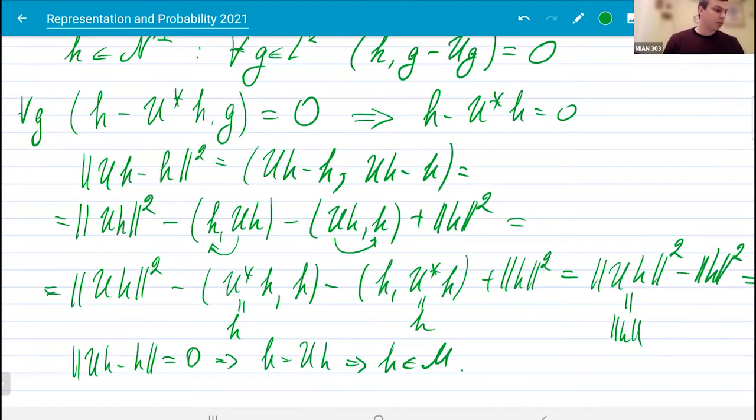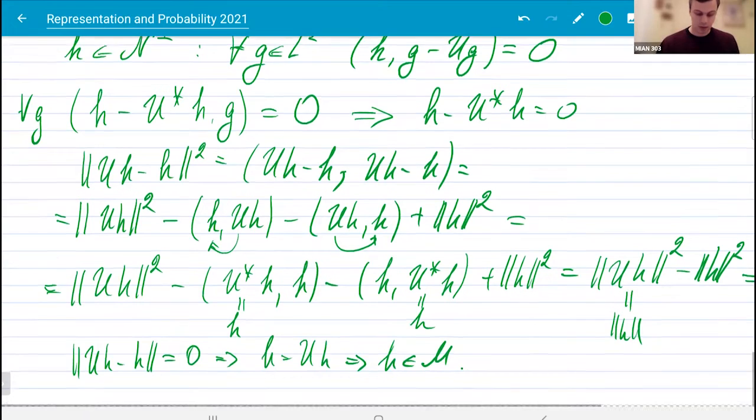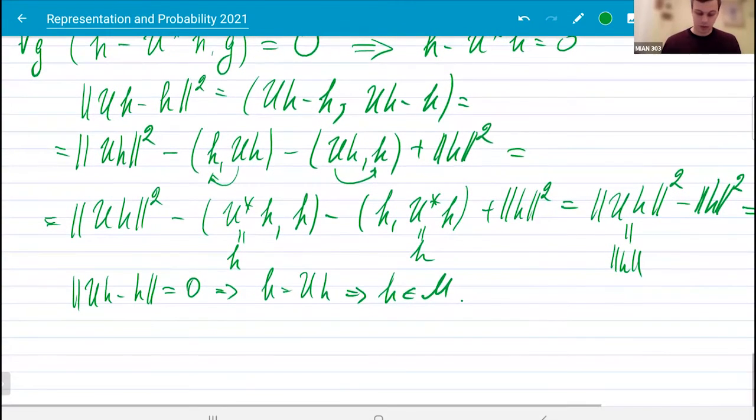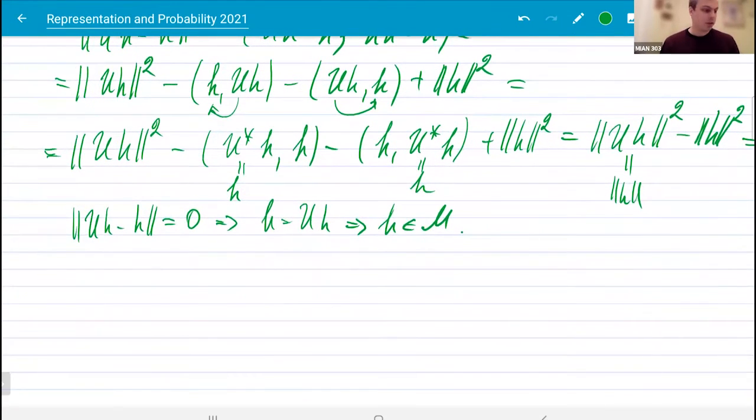And the converse implication is more or less the same. So let me try to write it down.